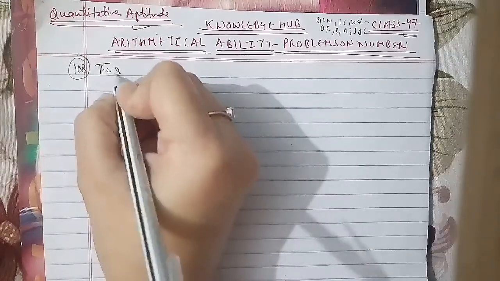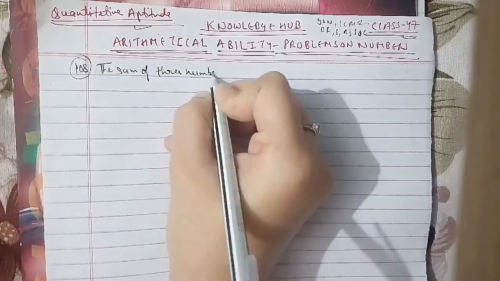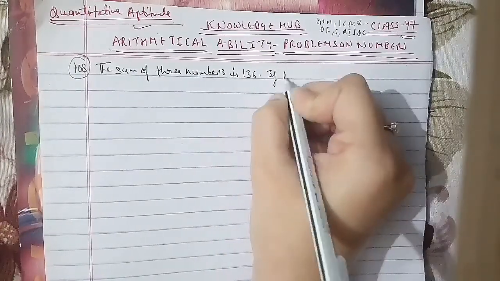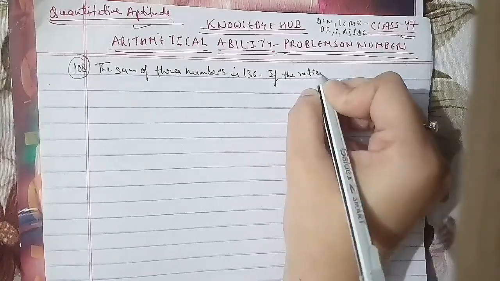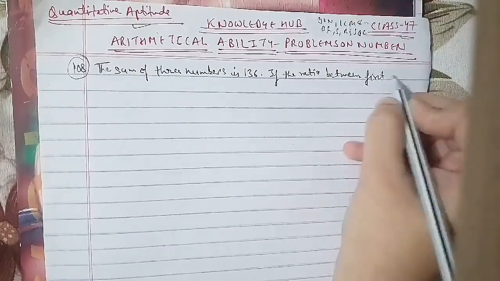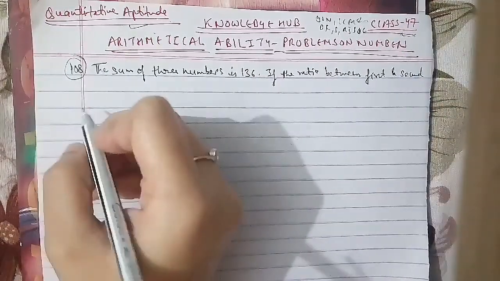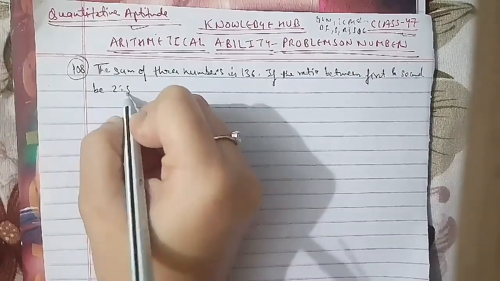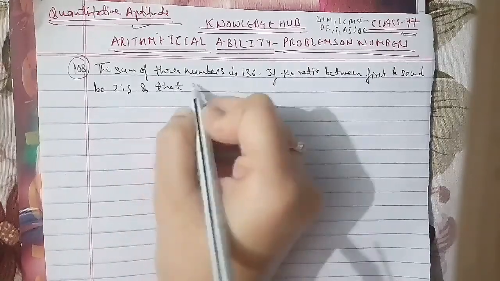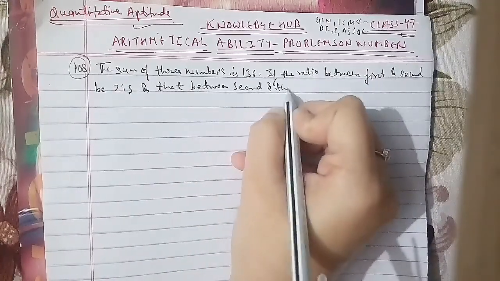The sum of three numbers is 136, if the ratio between first and second is 2:3, and that between second and third is 5:3.